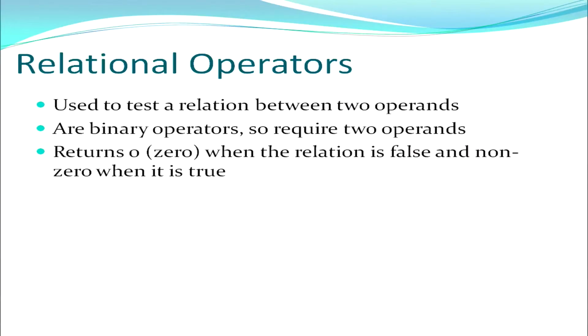Next, we move on to relational operators. A relational operator is used to test a relation between two operands. Since it is comparing two operands, so it is a binary operator and it returns a 0 if the relation that I am testing is false and it returns a non-zero when it is true.